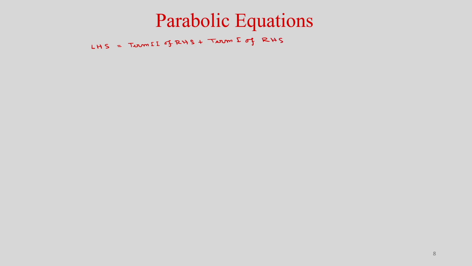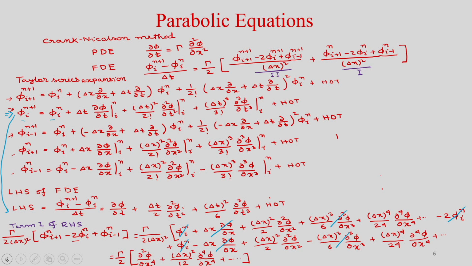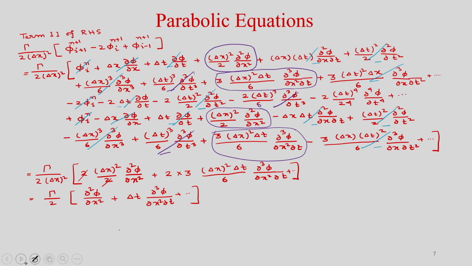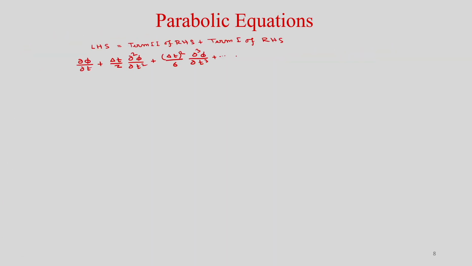So on the left hand side you can see there is ∂φ/∂t plus ∂t/2 ∂²φ/∂t² plus ∂t²/6 ∂³φ/∂t³. So this is the term we have written. Now the other two terms, term 1 and term 2 whatever we have derived, let us write it equal to.